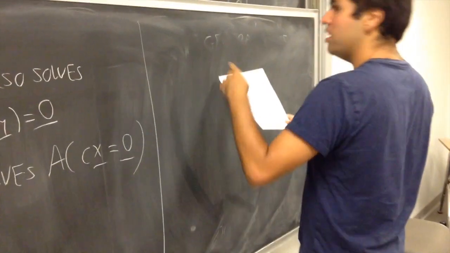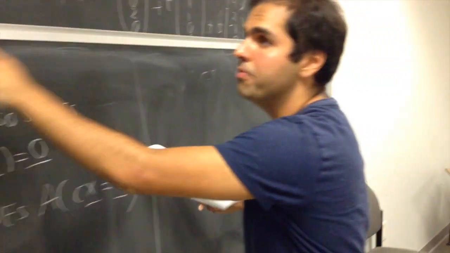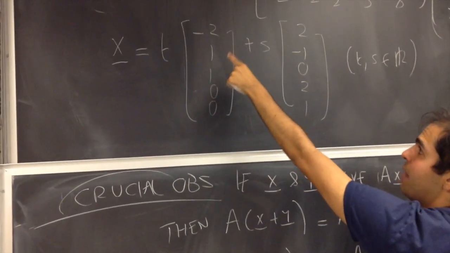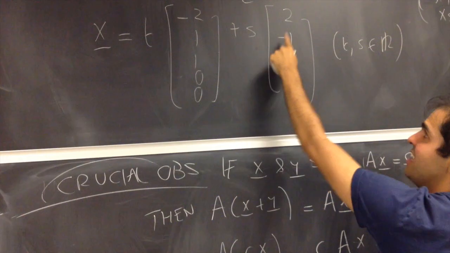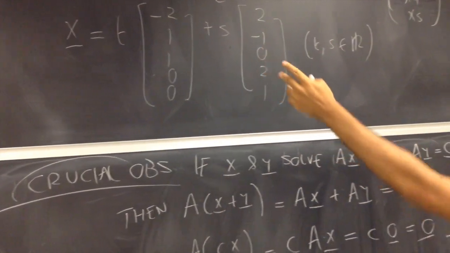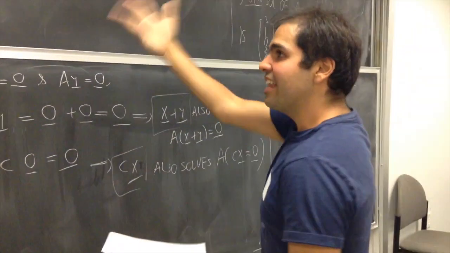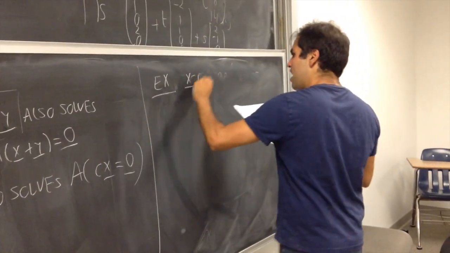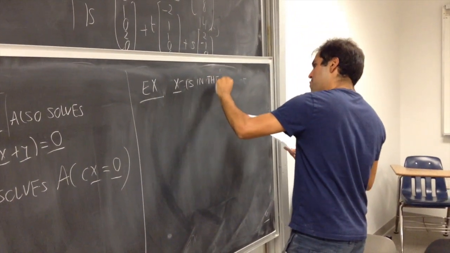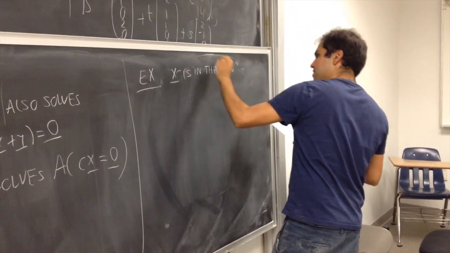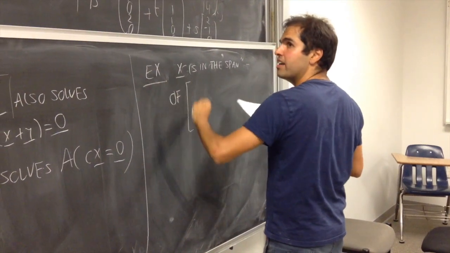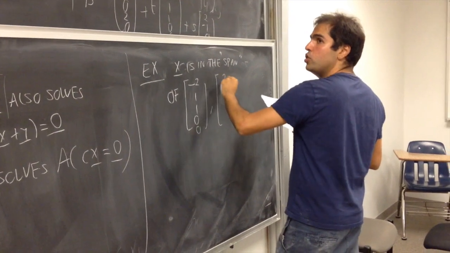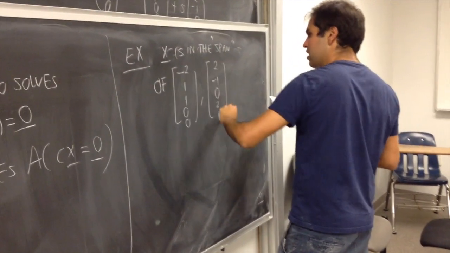So if you look at this example here, every x can be written as t times (-2, 1, 1, 0, 0) plus s times (2, -1, 0, 2, 1). We actually say that x is in the span of those two vectors, (-2, 1, 1, 0, 0) and (2, -1, 0, 2, 1).